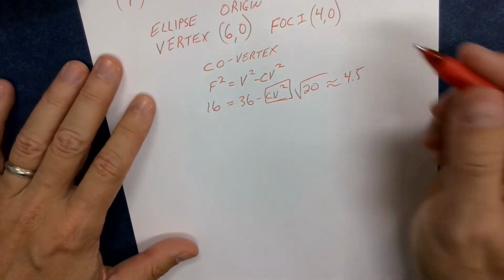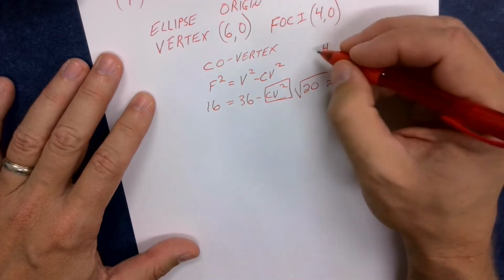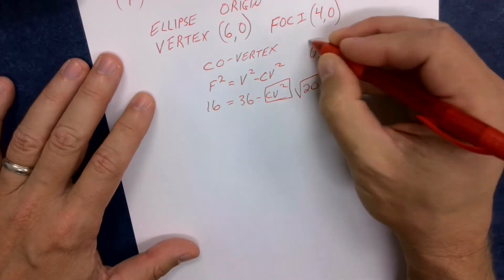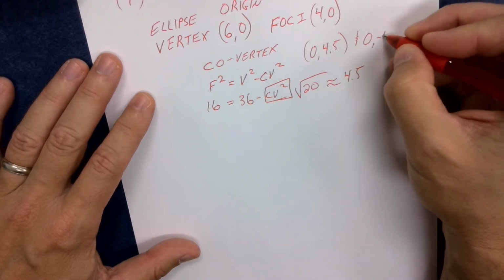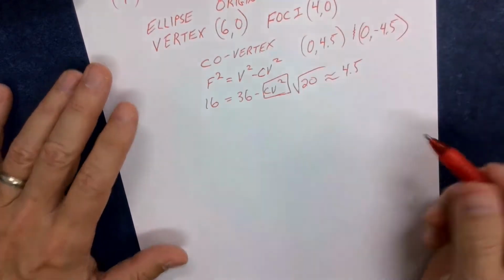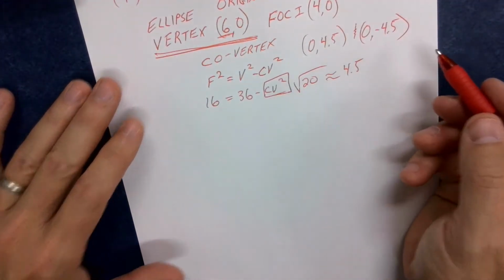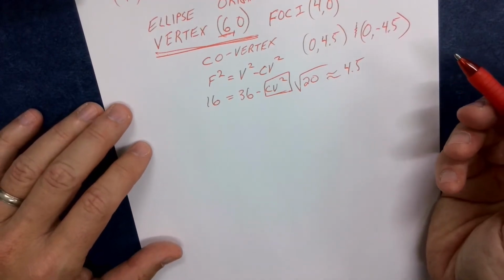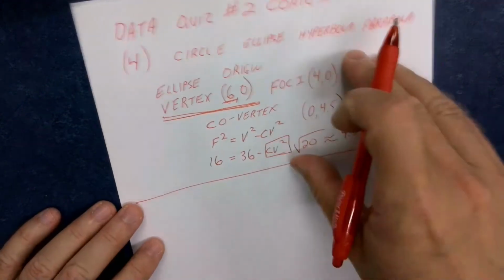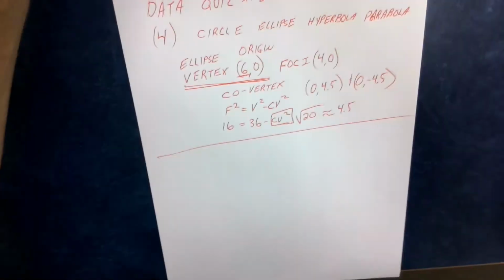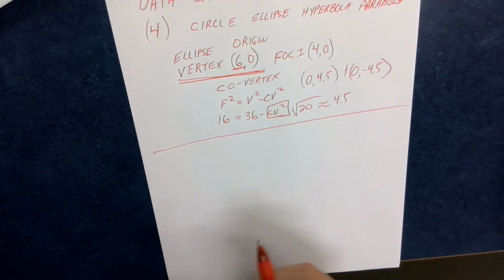So that means I should have a covertice at 0, 4.5 and 0, negative 4.5, because if the vertex is on the x-axis, the covertice must be on the y-axis. Good deal? So be able to do something like that, and please don't just do this one because I wrote this one right here, but be able to follow through the question that's asked and answer that question.